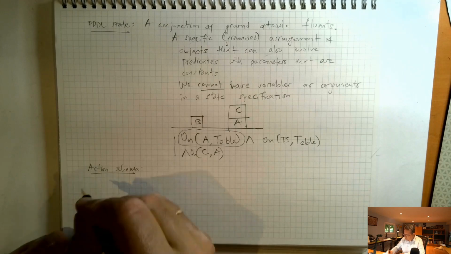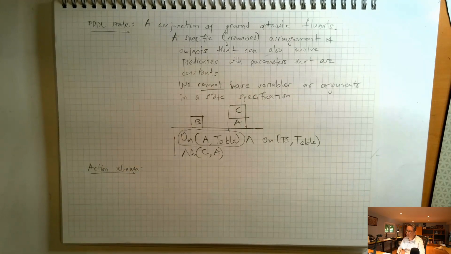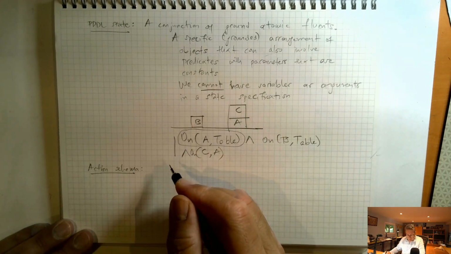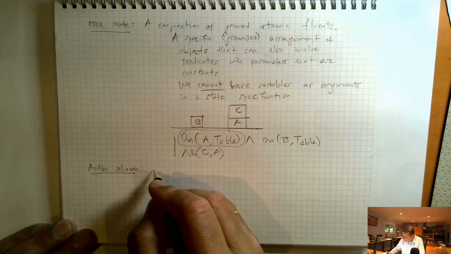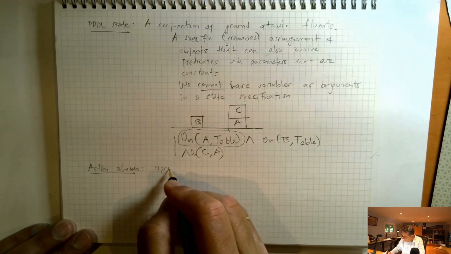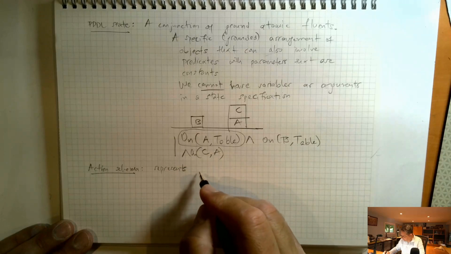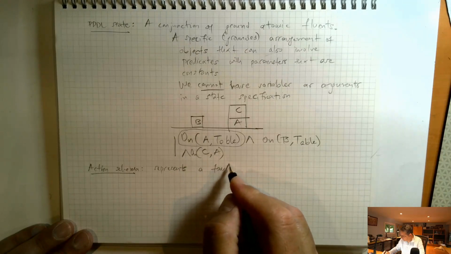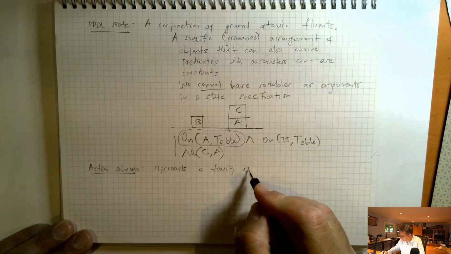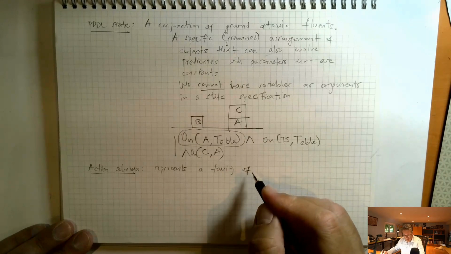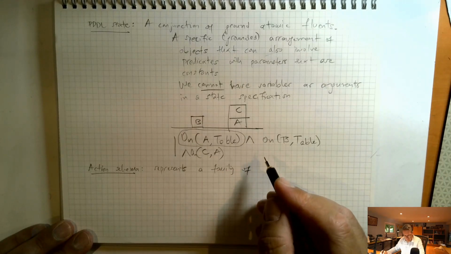And so similar analogies we can draw here about actions. So in the actions, you would expect to see variables. Okay, so an action schema effectively represents a family of ground actions.